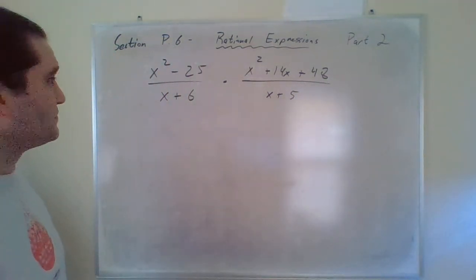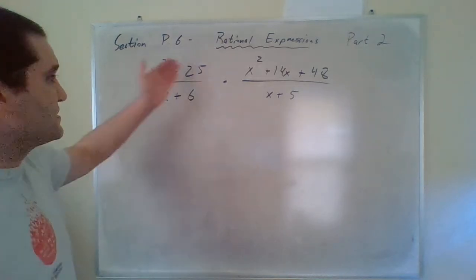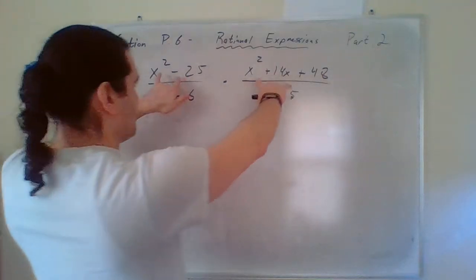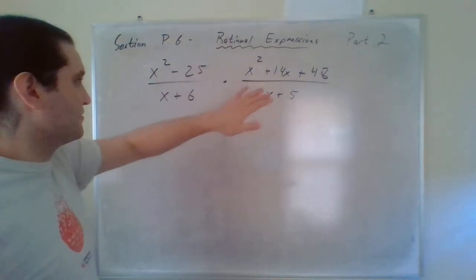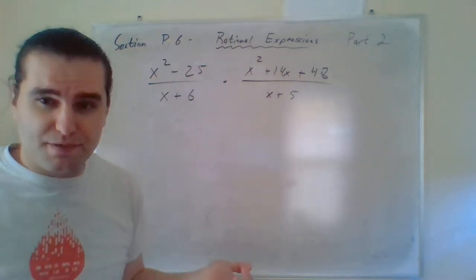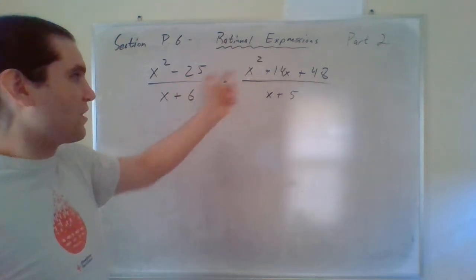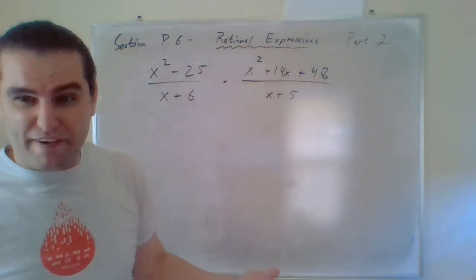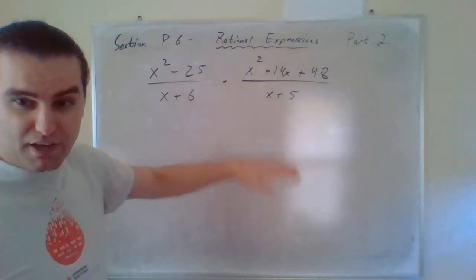So, if we brute force this, multiplying this top piece by this top piece is going to be exhausting. We're going to have 6 different pieces. We're going to have x to the 4ths, and then it's probably not going to be in simplest form. So whatever polynomial you get from this product, you're going to have to factor it anyway to try and simplify it.